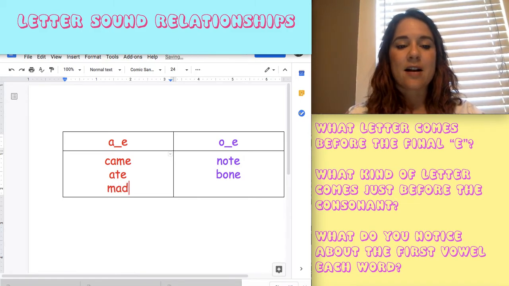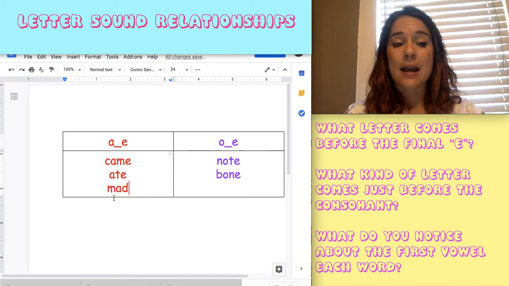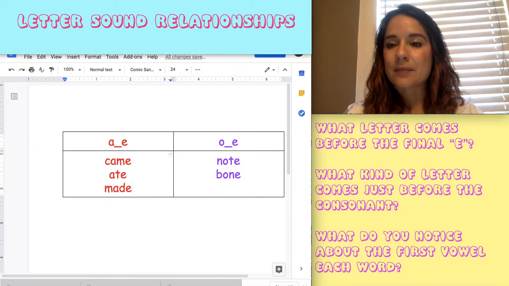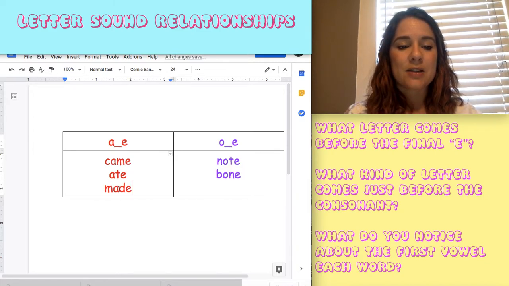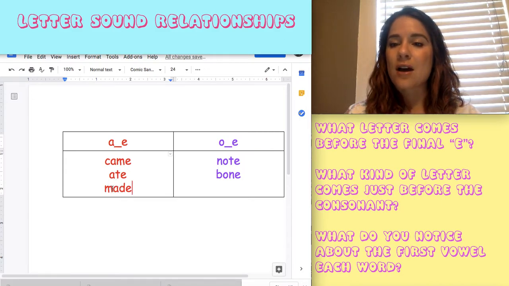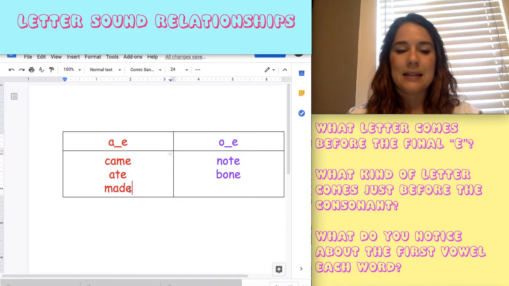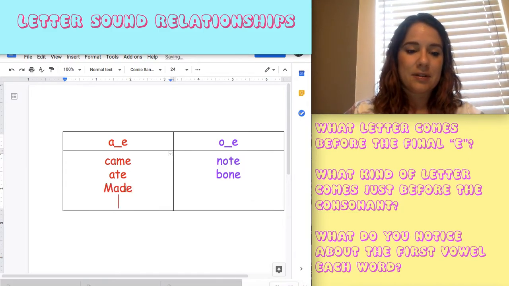If we were to take off the E, it would be mad, right? M-a-d, mad. We add the E, it becomes made. Okay? Just want you to notice that the first vowel is normally the long vowel sound when there's a silent E at the end.